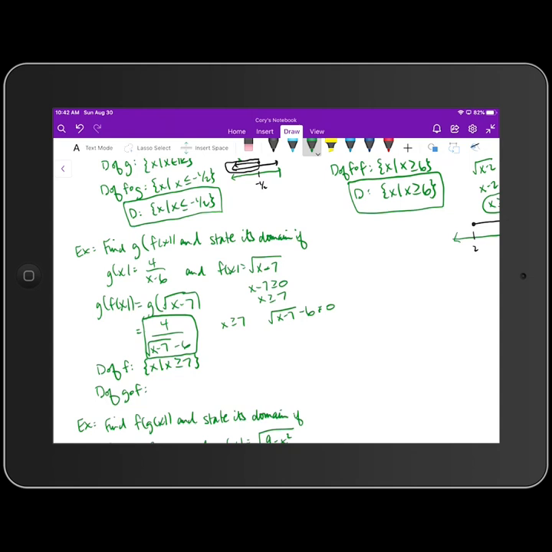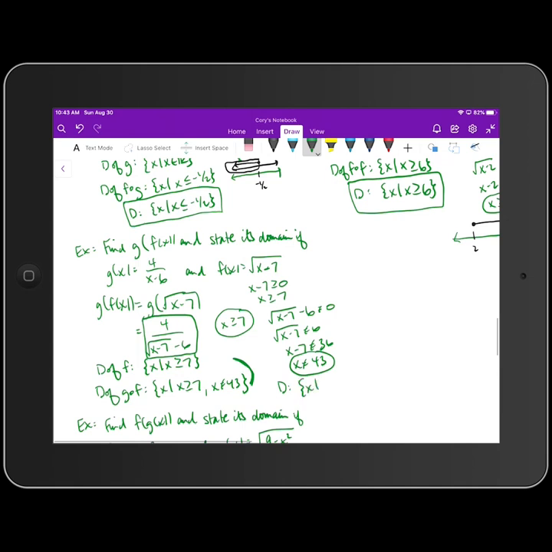So when I add 6 to both sides, we get rad x minus 7 can't be equal to 6. I'm going to square both sides. So x minus 7 can't be 36, and x can't be equal to 43. And I have to combine both of those statements to get the domain of g composed with f, which is a set of x such that x is greater than or equal to 7, x can't be equal to 43, and our domain is the more restrictive of those two, which is just the bottom domain.